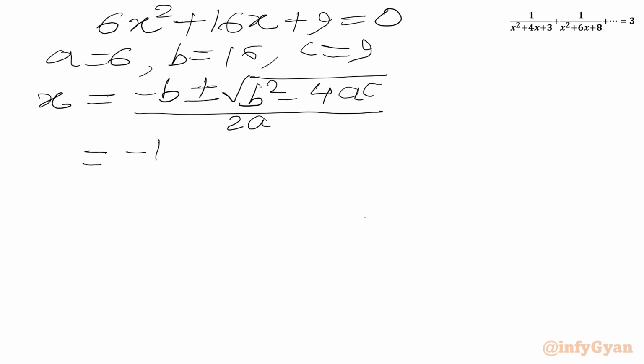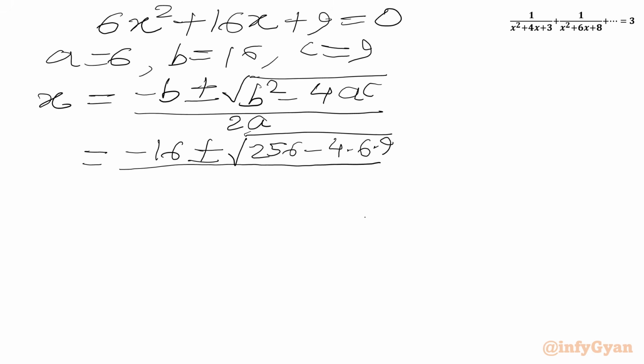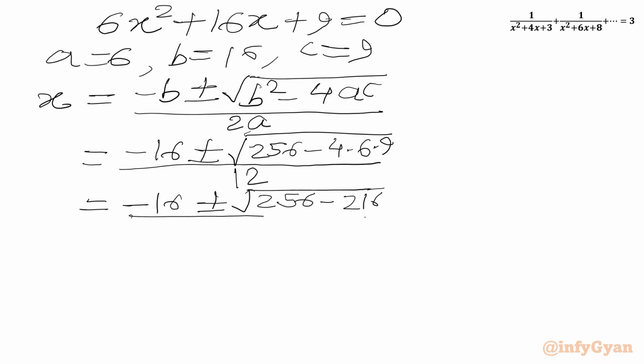We will get minus 16 plus minus a square root of 16 square is 256 minus 4 times 6 times 9, which will be equal to 216. Denominator will be 2 times 6, I can write 12, will be equal to minus 16 plus minus square root of 256 minus 216 over 12, will be equal to minus 16 plus minus square root of 40 over 12.